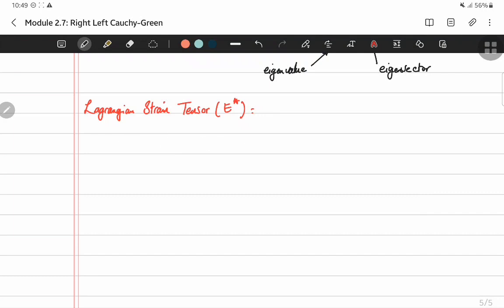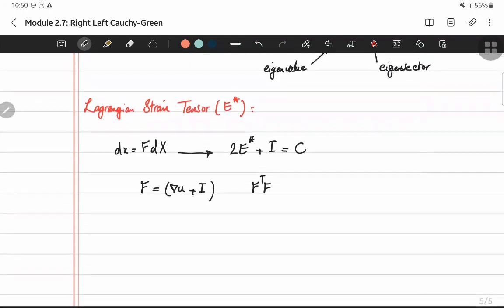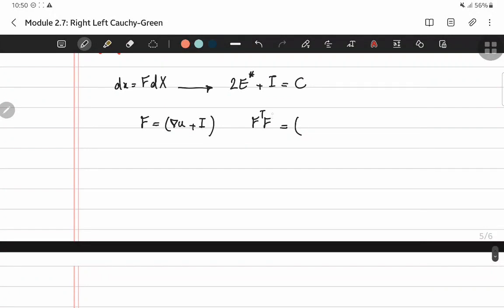If you recall from our previous modules, we had dx equal to F dX, and from here we concluded that 2E star plus I was equal to C, the right Cauchy-Green strain tensor, because F was basically the displacement gradient del u plus I. Then we had F transpose F, which was equal to C, so (del u plus I) transpose times (del u plus I).